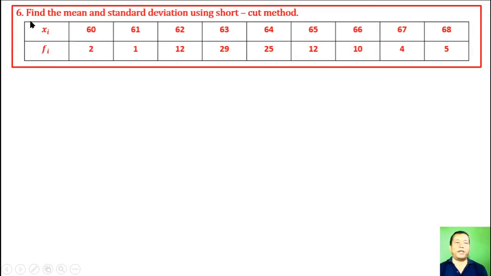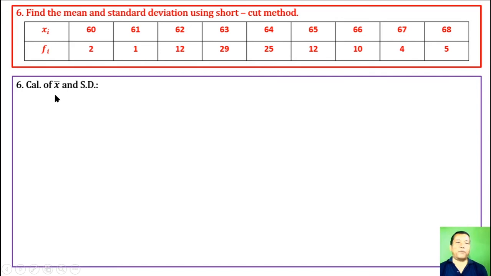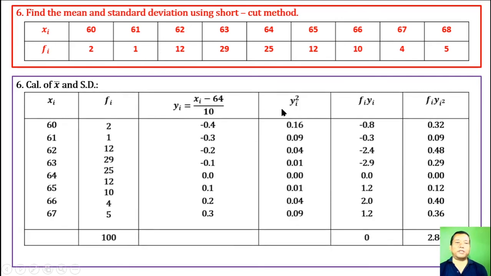Question number 6. Find the mean and standard deviation using the shortcut method. This is a grouped frequency distribution. Calculation of mean and standard deviation. Make this table: first the xi column, second the fi column. Introduce a new variate yi equal to xi minus a by h. The assumed mean is 64, taken from the xi values, a centrally located value, generally 63 or 64.